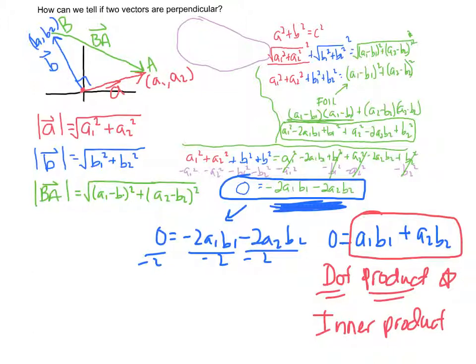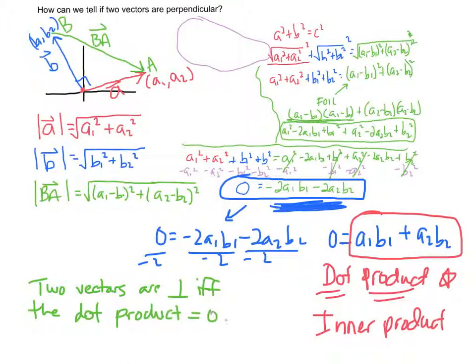So basically what we're trying to get at is, let me start fresh. I want to say two vectors are perpendicular if and only if the dot product equals 0.